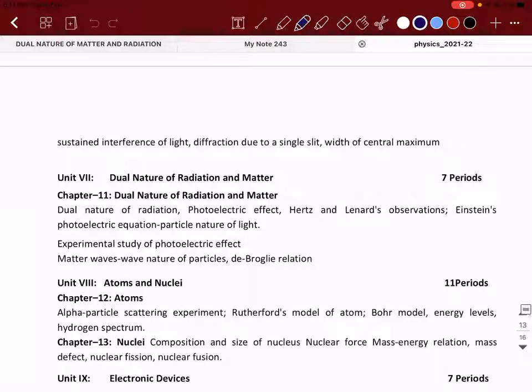So dual nature of radiation: we completed photoelectric effect, Hertz and Lenard's observation, Einstein's photoelectric equation, and particle nature of light. Experimental study of photoelectric effect is the one where we discuss those 3 graphs, no? Intensity, potential difference, and all those things. Matter waves and wave nature of particles and de Broglie relation. That's it. Okay, sir.